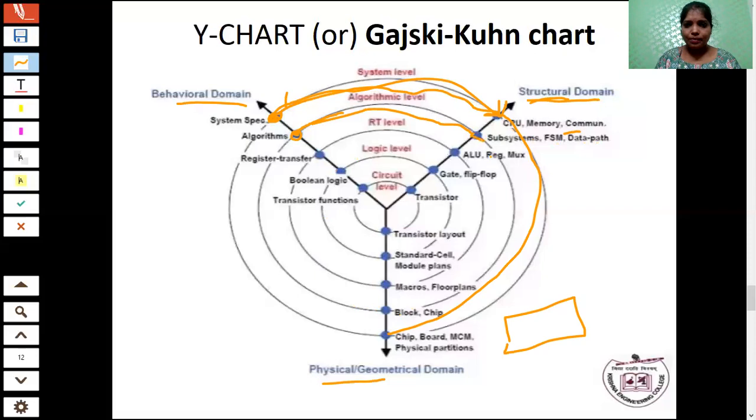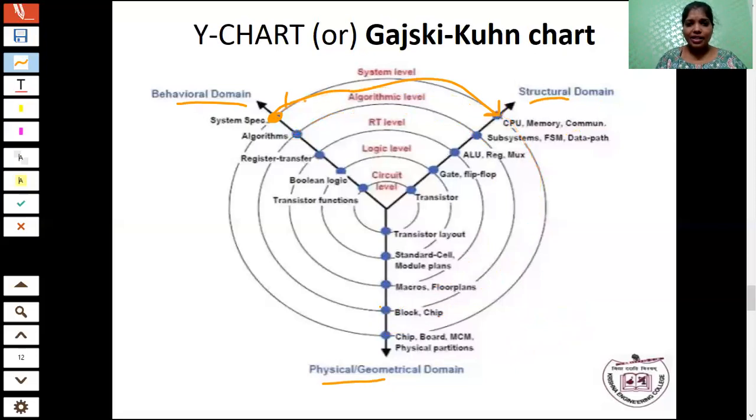After the subsystem, in the physical domain, we are going to choose the corresponding blocks and chip. After that, again we go to the behavioral domain. In the behavioral domain, we are going to decide the register transfer level. From here, we are going to see what arithmetic logic unit, registers and multiplexers we need to implement.